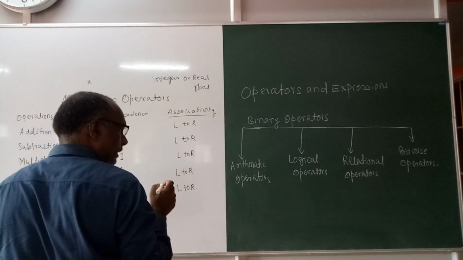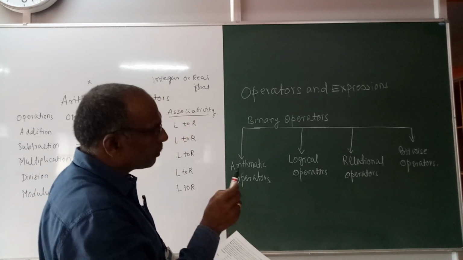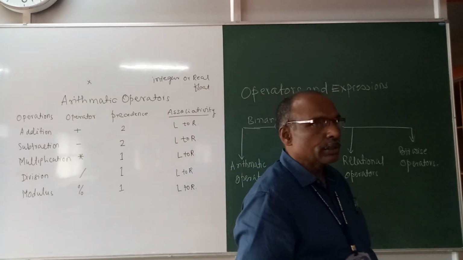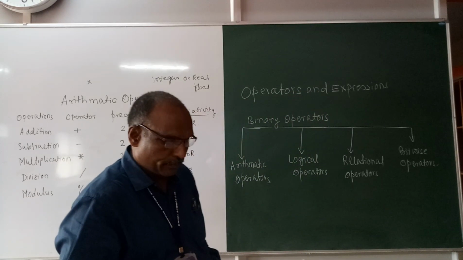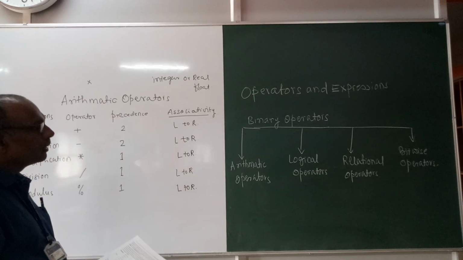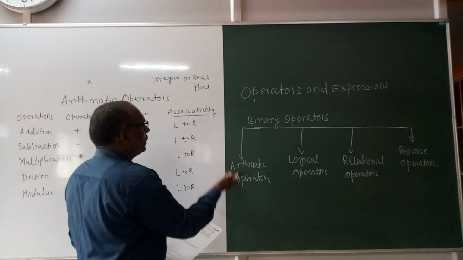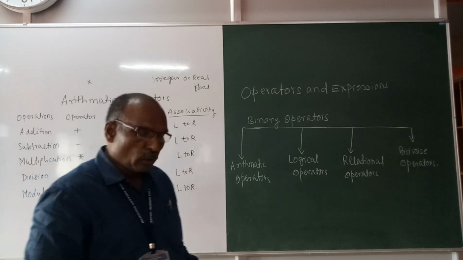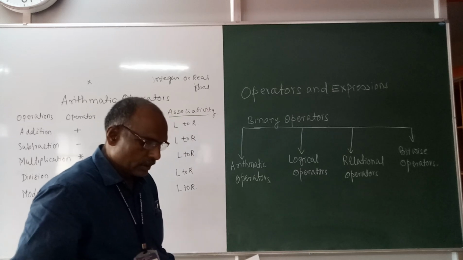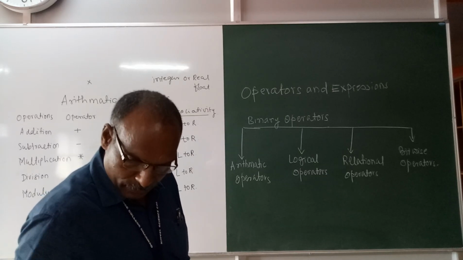If both operands are integers, as in the earlier example, we call it an integer arithmetic operation. If both operands are of type floating or real, then a floating point operation is performed to yield a floating point number.